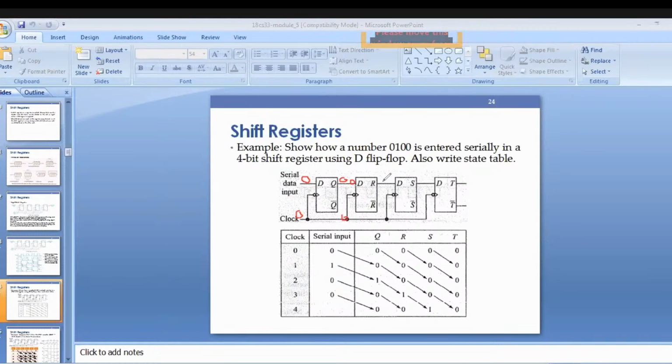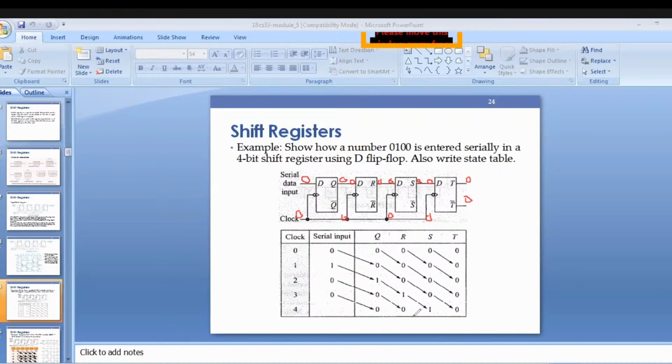Next, you get 0 output, and this acts as the input of the next D flip-flop, 0, and the clock is disabled, so the output will be 0. Same thing, you shift it to the D flip-flop with input 0 and clock also 0. What is the output? 0, 0. Understood?